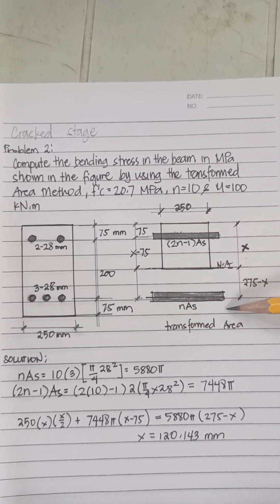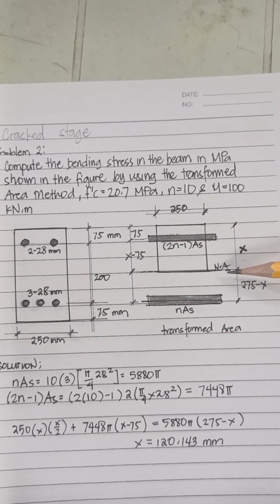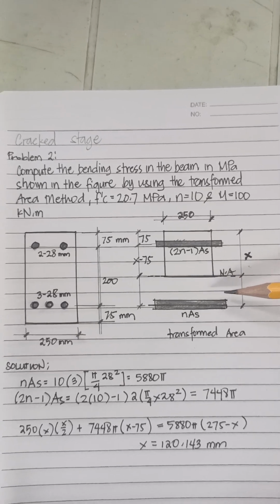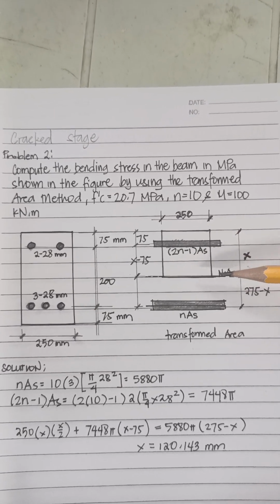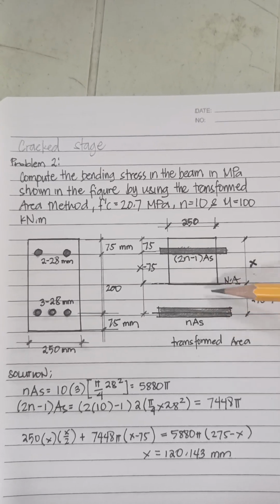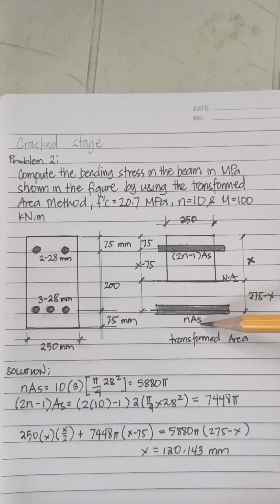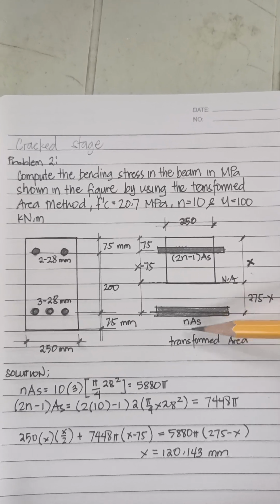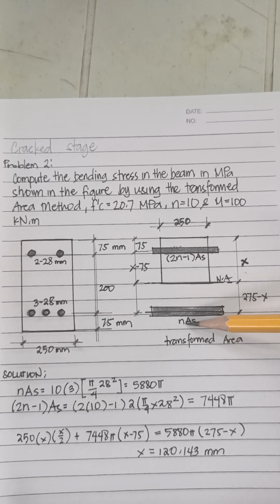As you can see here, this is the transformed area. In the singly reinforced beam, in problem number 1, for the steel on the tension side, we have a transformed area equal to n times As, or the area of the steel.